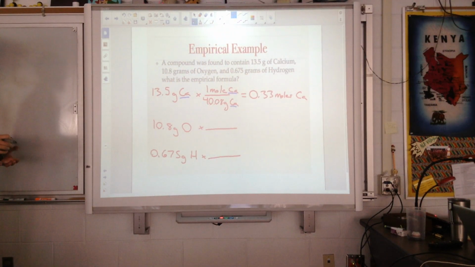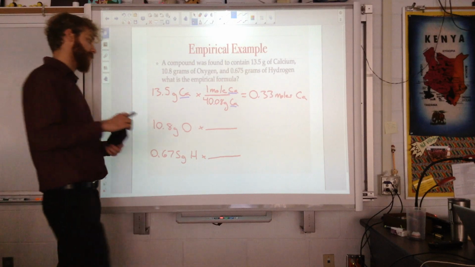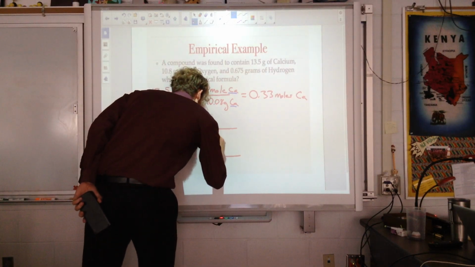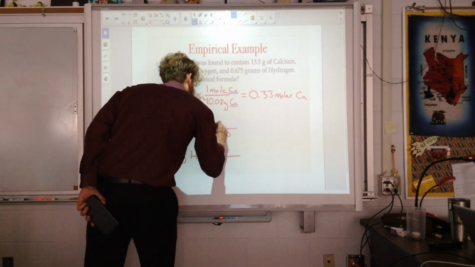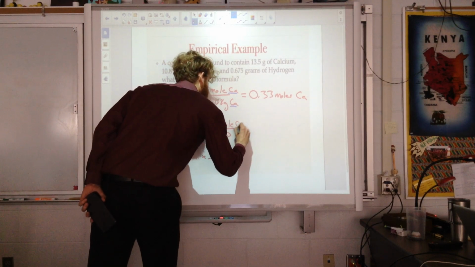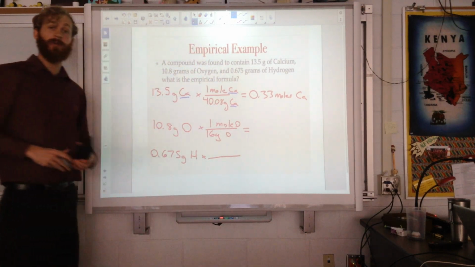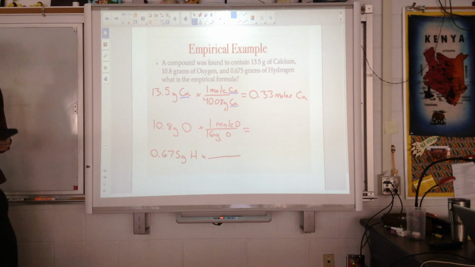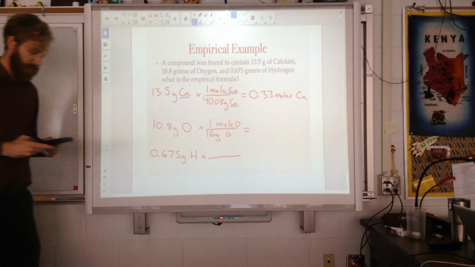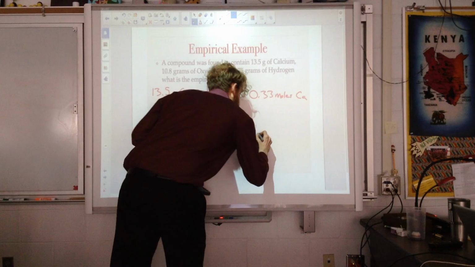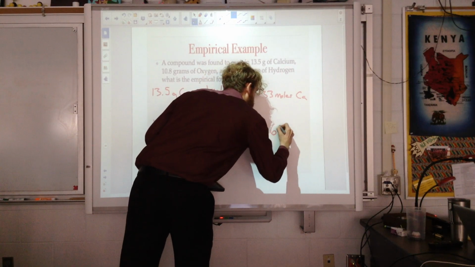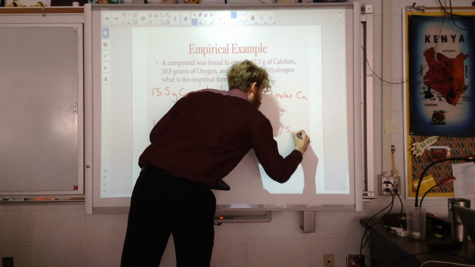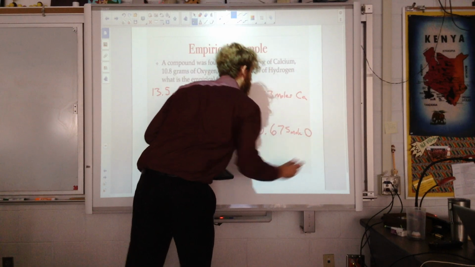Now we're going to do the same thing for oxygen, grams to moles. Molar mass of oxygen is 16 grams of oxygen gives us 1 mole of oxygen. Plug that into our calculator, 10.8 divided by 16, and that gets us 0.675 moles oxygen.